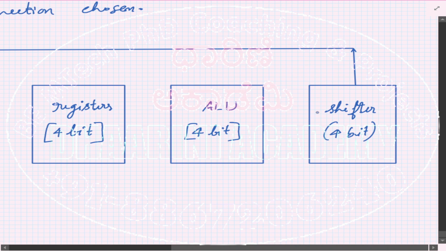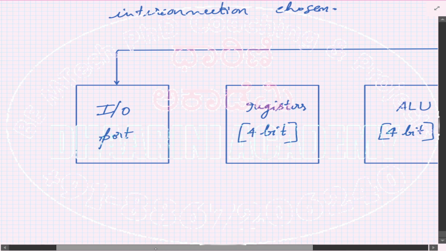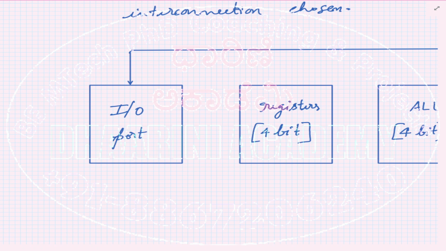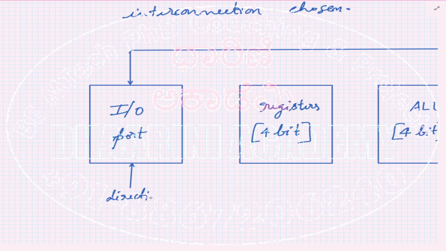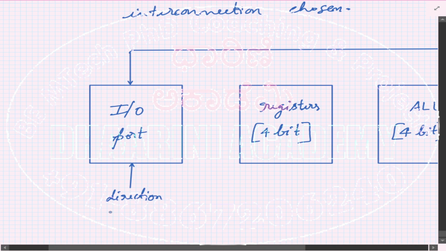we want to make. And for every device we are expecting a control. So now let us apply the control to each device. This control is what we call the direction control.